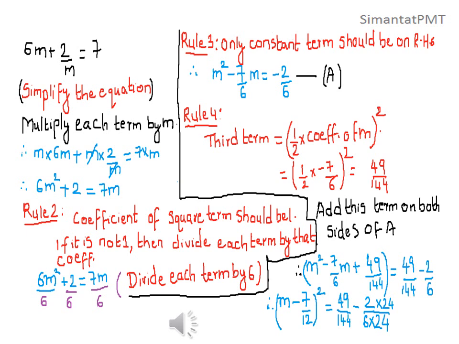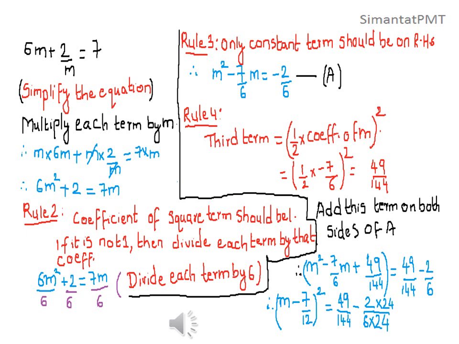Therefore, m into 6m plus m into 2 upon m equal to 7 into m. Therefore, 6m square plus 2 equal to 7m.